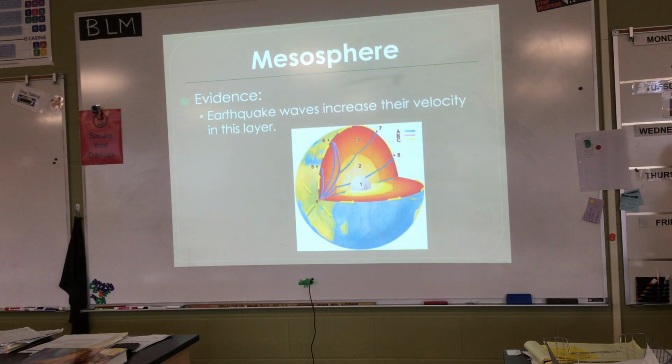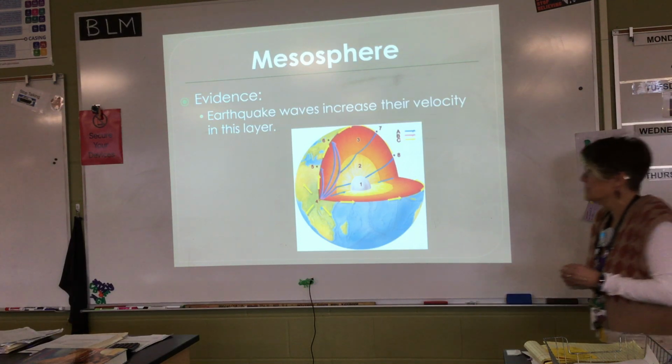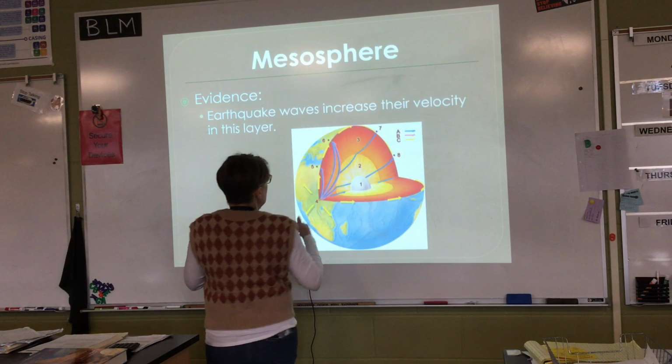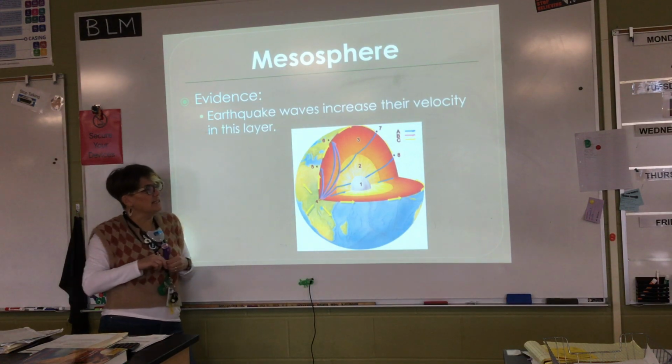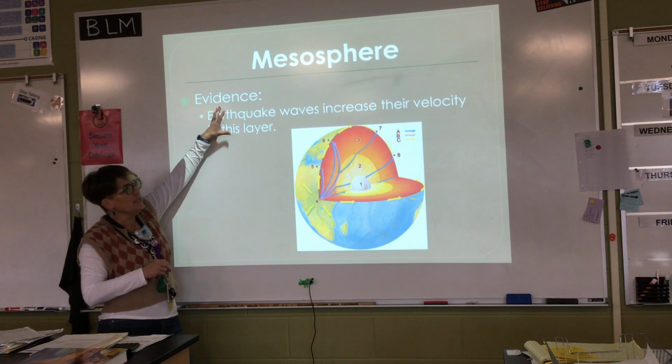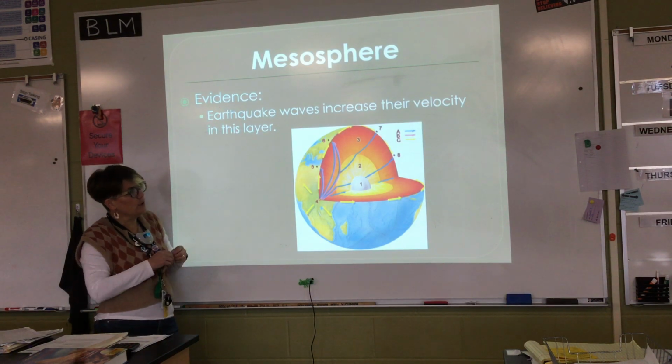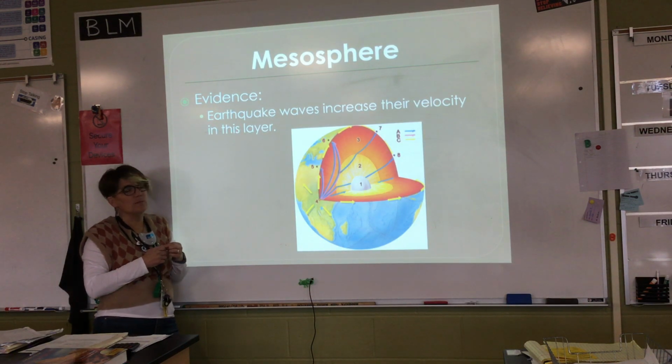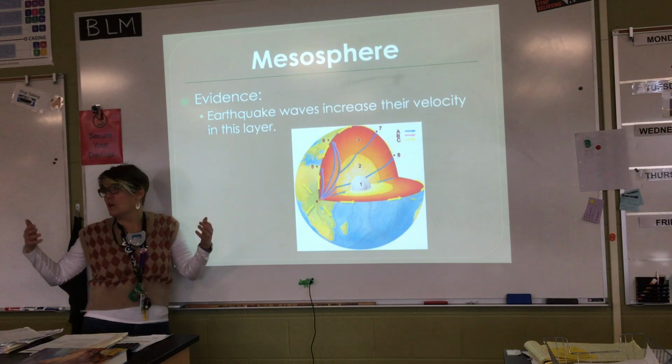All right, let's look at some evidence. Earthquake waves increase their velocity in this layer. So again, the reason we know that there are different layers, and we're assuming one of the layers is the mesosphere, is because we know the different materials that earthquake waves can move through, because we do studies on the surface.